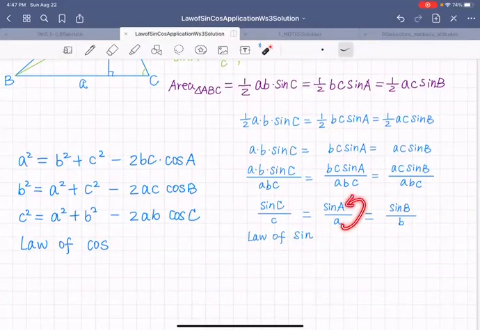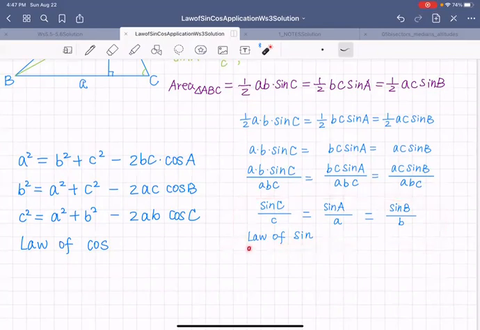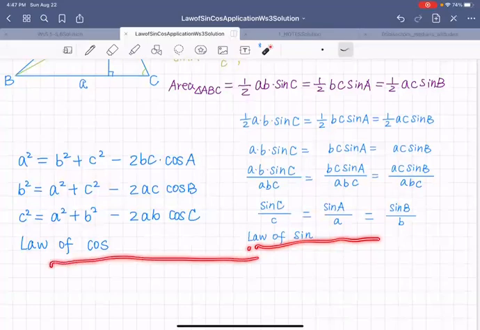A over sine A equals 2 times the radius, 2r. B over sine B equals 2 times the radius. Well, that's also additional information for students who are preparing for AMC 10 or AMC 12. For general pre-calculus, you don't need to know that. As long as you know this, good enough.